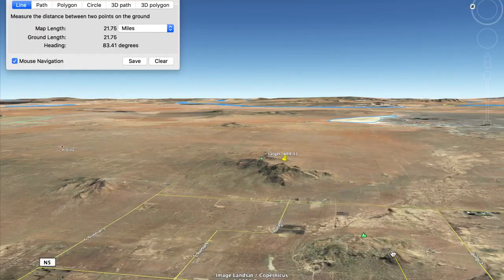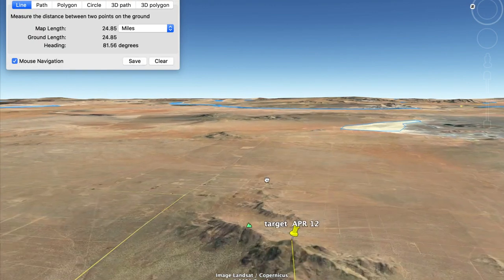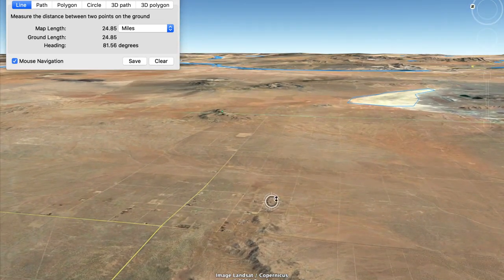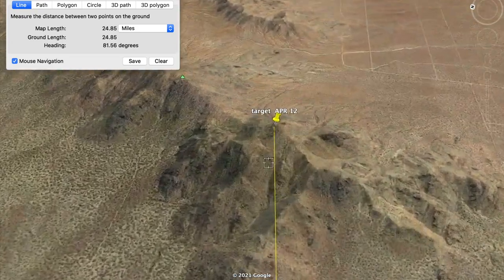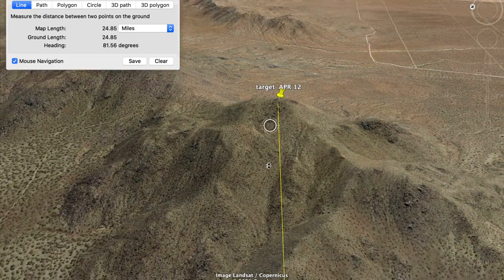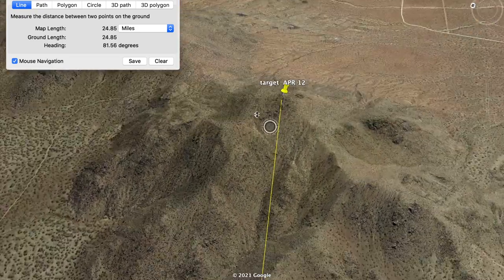But before we look at that, let's look at the target, just to make sure we picked the right target, because the distance to the target is somewhat critical. Yeah, see, this was the pivot point out here. This hill, rock outcropping, whatever you want to call it, but it's got like a sharp peak on top.